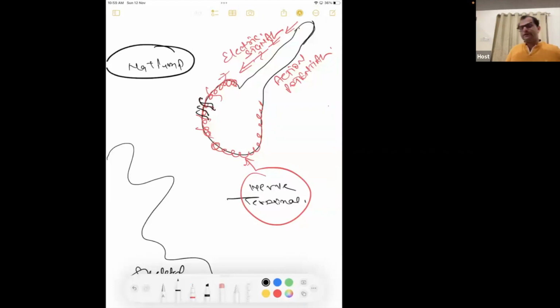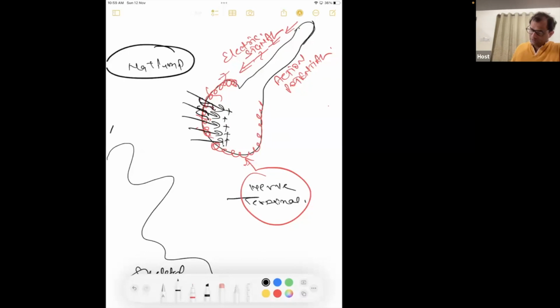Now what will start? I already told you, whenever you want to contract anything, sodium starts going in. And it will bring the plus polarity in, because it was minus polarity earlier.